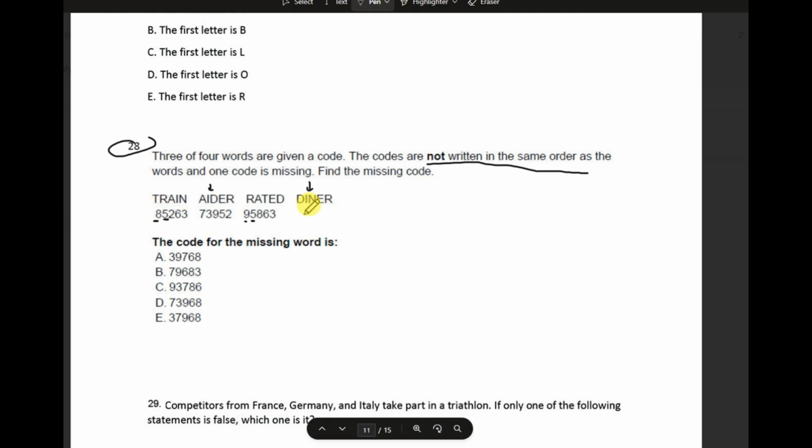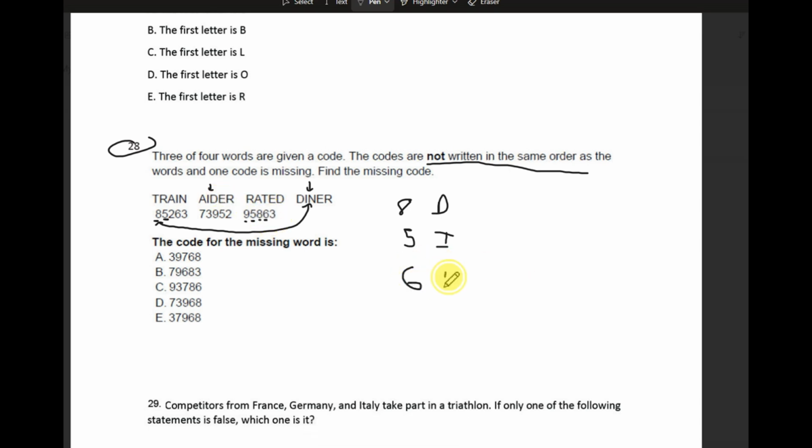For the first letter here, if that's diner, 8 will equal D, 5 will equal I, and that seems to work out here because D is 8, 6 is then E, which works, and then R is 3, and we've used that basically to figure out the code, okay?